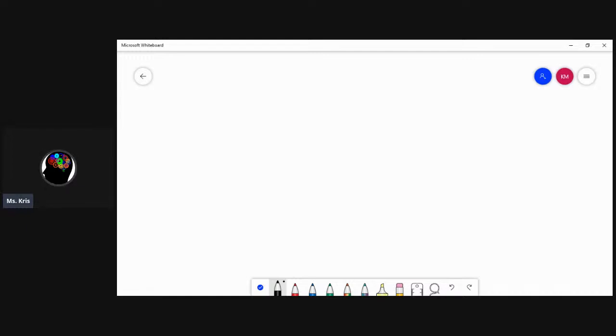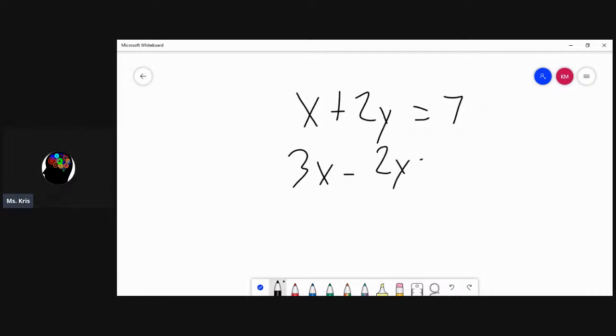Where do they cross? How do they touch? So say for instance, I have x plus 2y equals 7. And I have 3x minus 2y, and that equals 5.